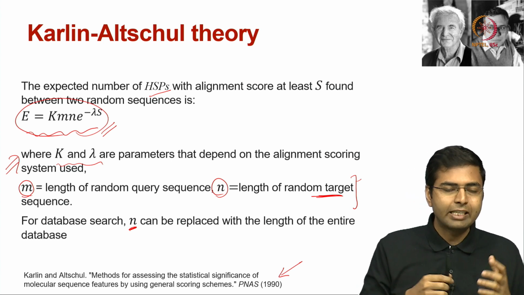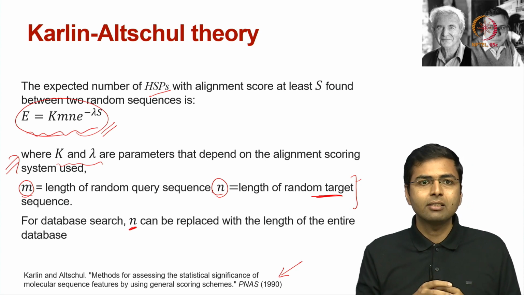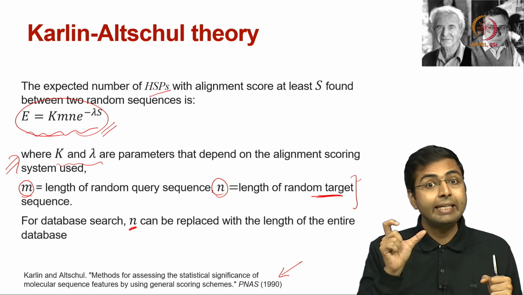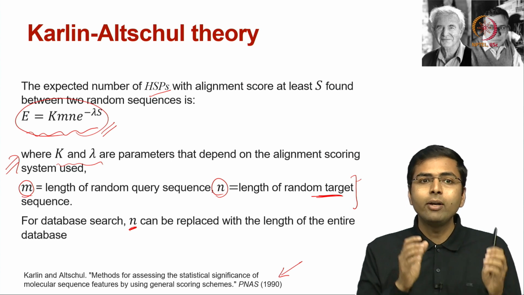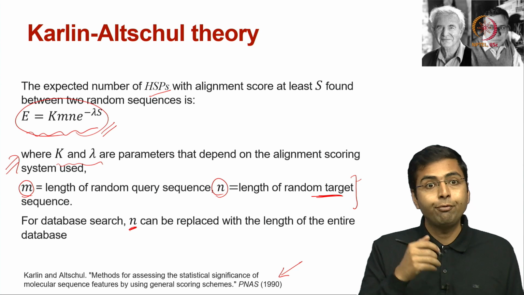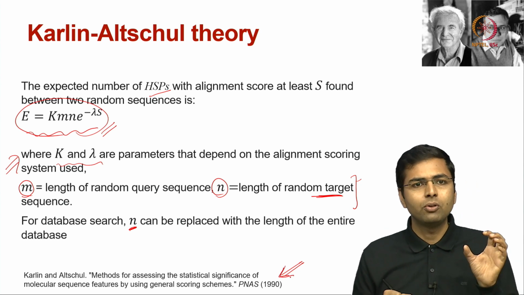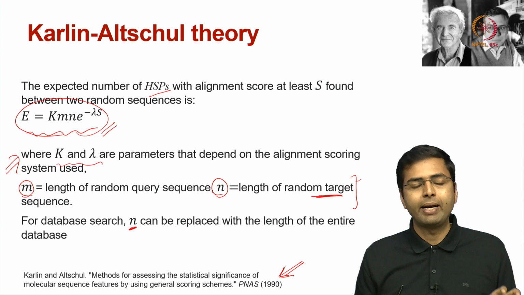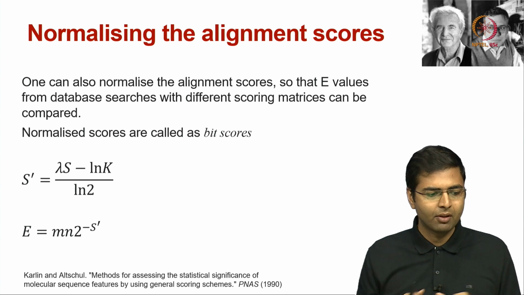So, this expression gives you the expected number of high scoring pairs that exceed the alignment score S. Now I am not going to show you the derivation of this expression. For that, if you are interested, you are welcome to read the paper. I am just going to state the results that were developed by this method.